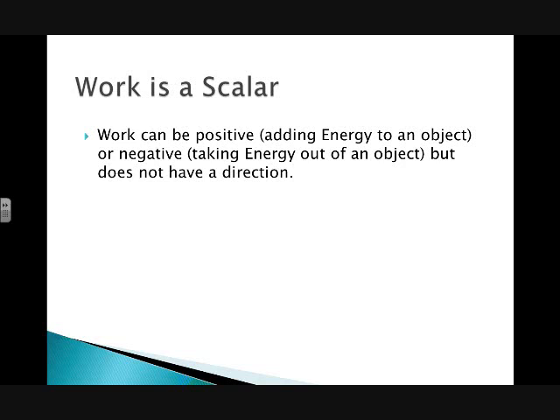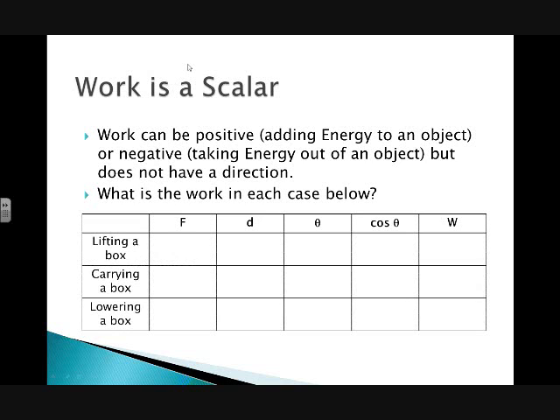But this negative work that we do isn't based on the direction, it's based on the energy flow. Let's look at an example here and look at what the work is in each of these situations.